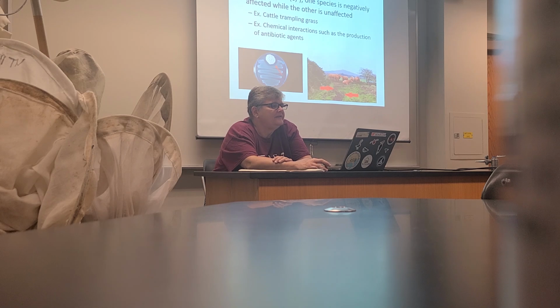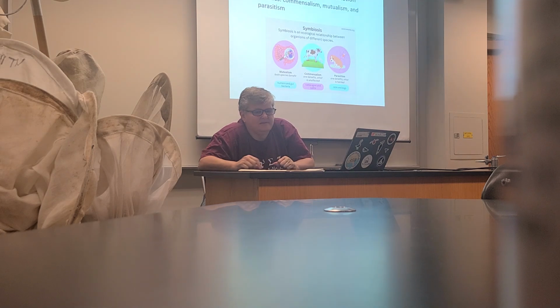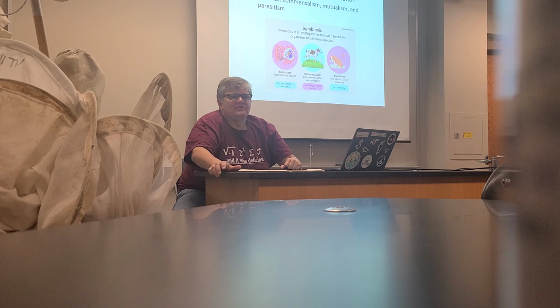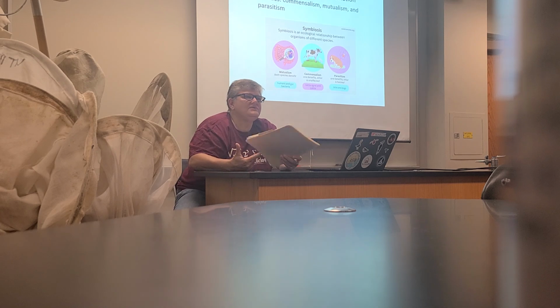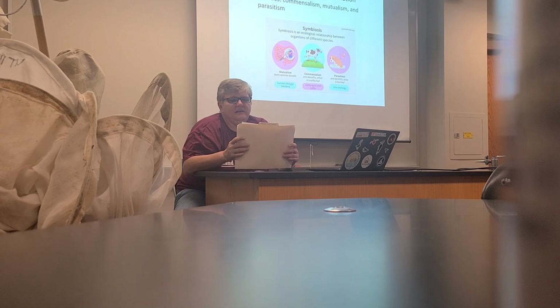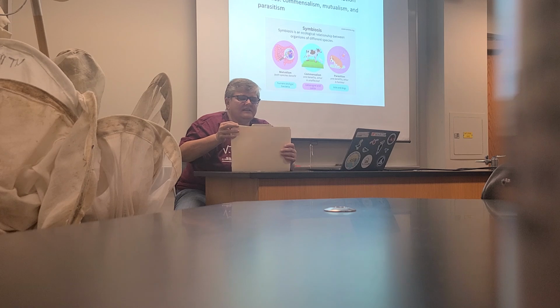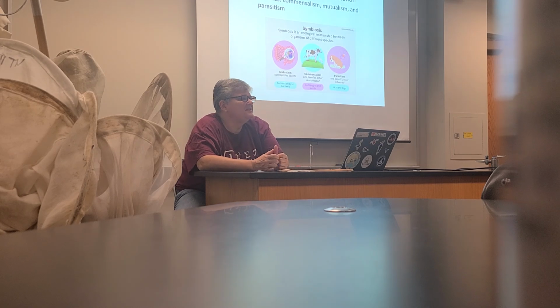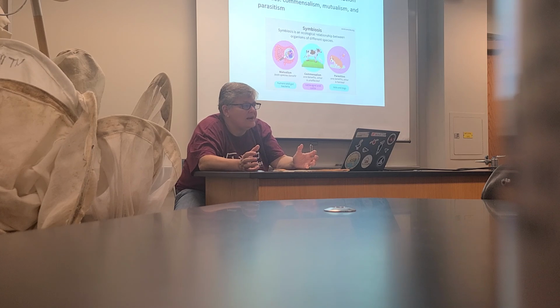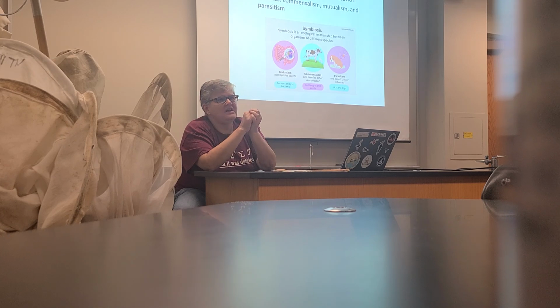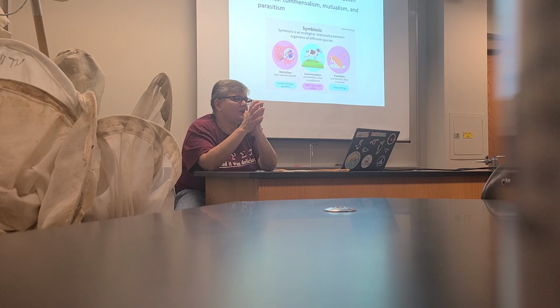All right, then we have the term symbiosis, which is a confusing term. It's misused a lot, and it's kind of hard to get it all situated in your head sometimes, but basically the term is a general term. Symbiosis is any type of interaction where you have a close ecological association. And the part that becomes confusing here is how do you define a close ecological association, right? That's pretty vague.